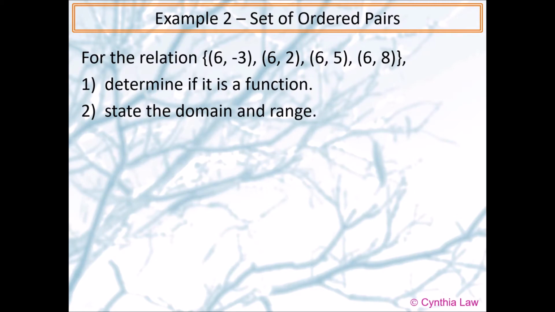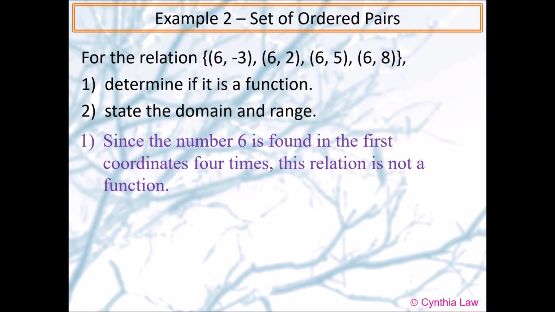So how do we determine if a set of ordered pairs is a function again? We check the x-coordinate. Since the number 6 is found in the first coordinate 4 times, this relation is not a function. Based on our last video, it means we have a master key that can open 4 different doors. So this is not a function.